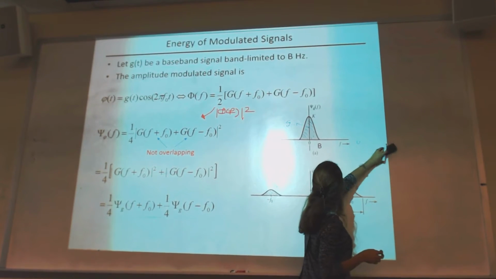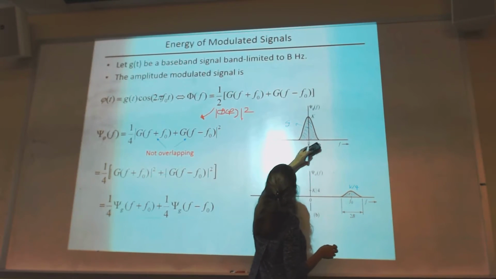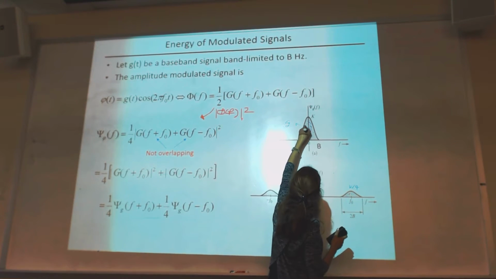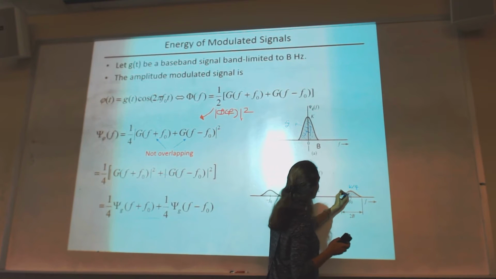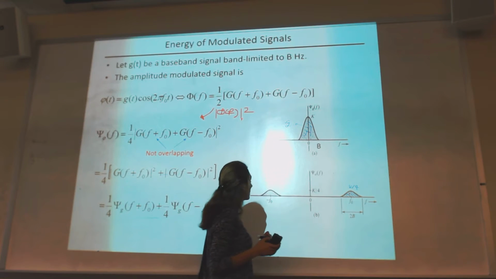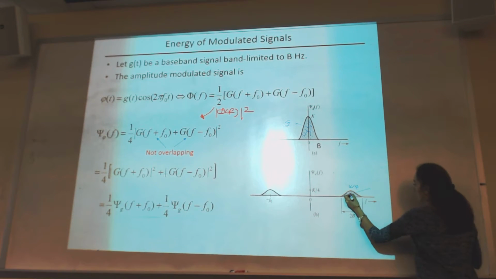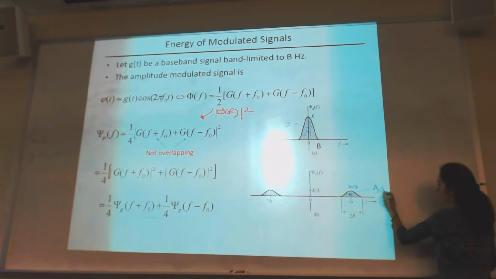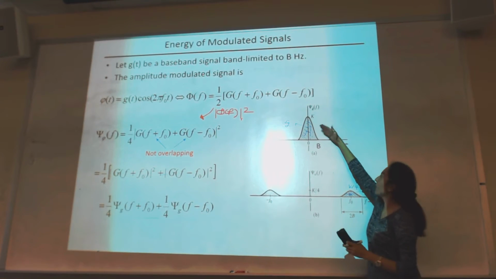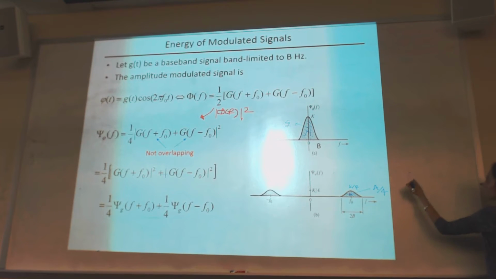So if you take the integral, if this area is A, let's say, for G, what do you think this area would be? A quarter of A. A quarter of it, right? So that's two of those. Because I just scaled it by 4, so when I take the integral, if I multiply by a quarter, then it's going to be one quarter of the original, right?